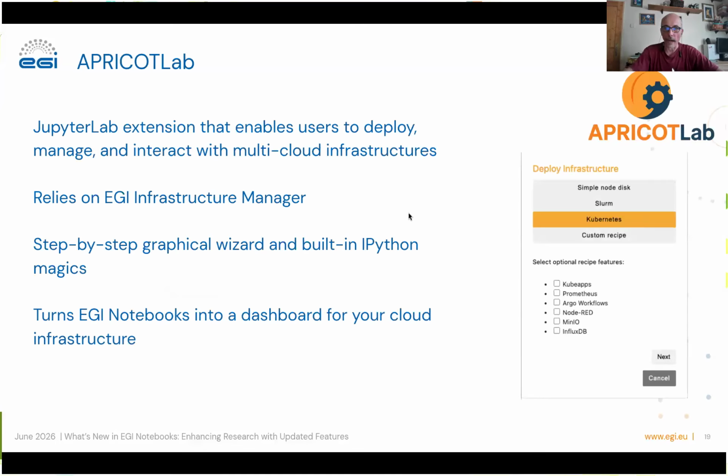Okay, and the final piece of the puzzle I want to introduce as upcoming, it is not yet available in the production service, is the Apricot Lab, which is a fancy name for an extension that wraps around the functionality of the EGI Infrastructure Manager.